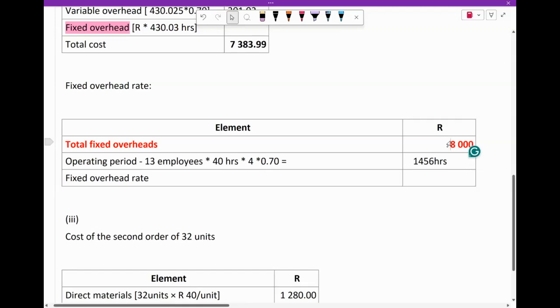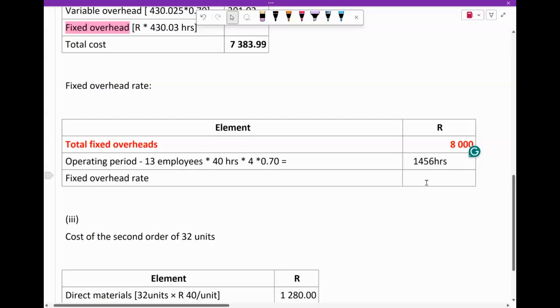So we can then obviously divide this fixed cost by the number of operating hours so that we can get our fixed overhead rate. Does that make sense? Per hour. Per hour, 100%. Okay?